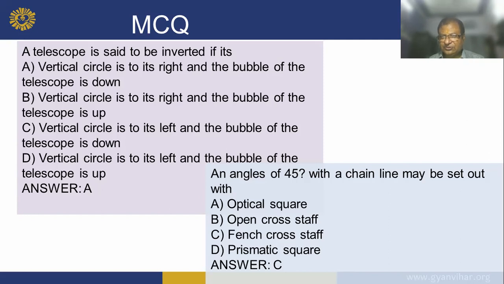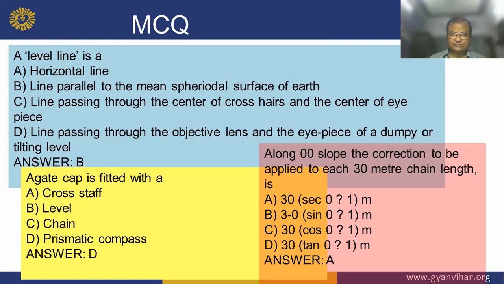The correct answer is C, French cross staff. Next question: a level line is what? The correct answer is B, a line parallel to the mean spherical surface of the Earth.